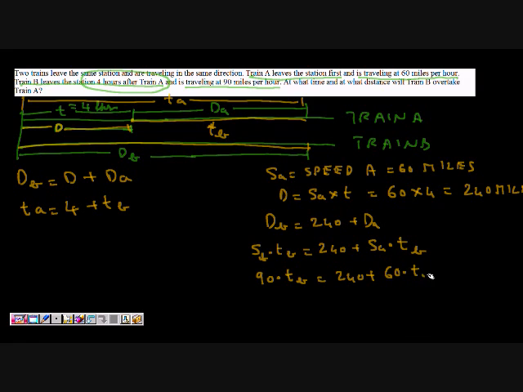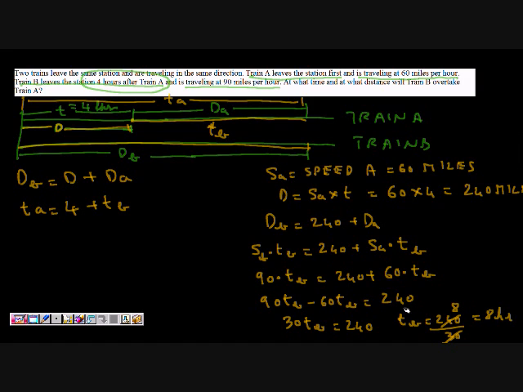Or 90 TB minus 60 TB is 240, or 30 TB is 240. Therefore, TB is 240 divided by 30, which is 8 hours. So TB is equal to 8 hours.